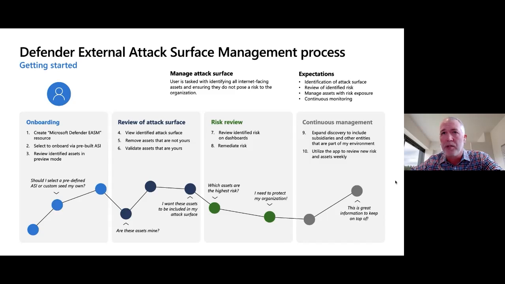For more complex organizations that have a lot of mergers and acquisitions and divestitures, or just would like to have multiple instances of EASM running representing various lines of businesses or brands or parts of the world even, we have the ability to select discovery seeds that are specific to those entities that we'd like to keep separate.